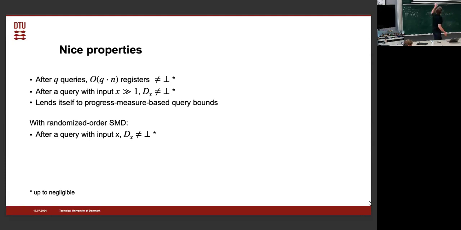What's a bit annoying is this condition x much larger than 1 here. But if we apply this strictly monotone decomposition in a randomized order, like instead of starting with n, we apply a random permutation and use the resulting order to apply the strictly monotone decomposition, an algorithm interacting with this oracle will still be exactly indistinguishable from a random permutation oracle.